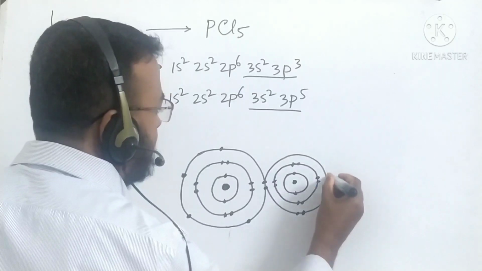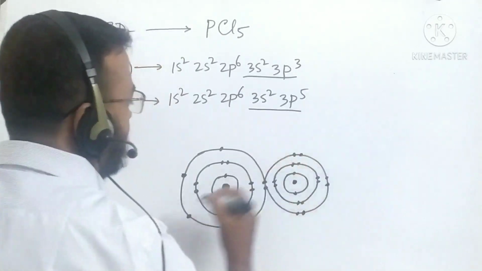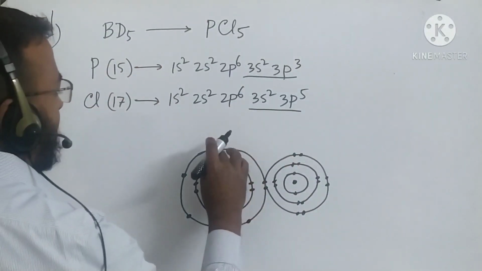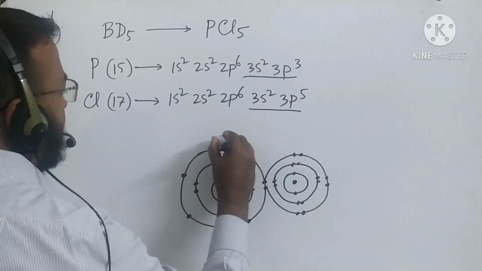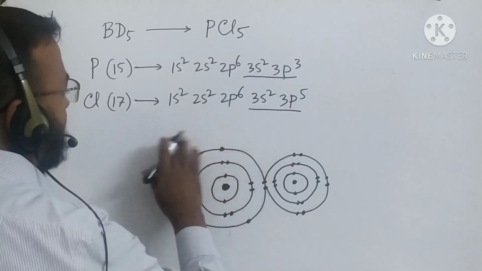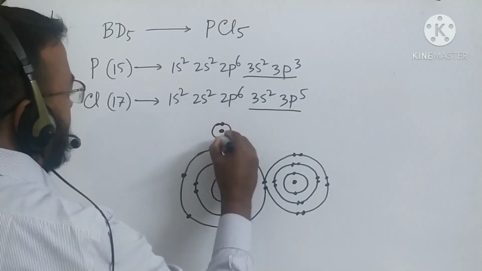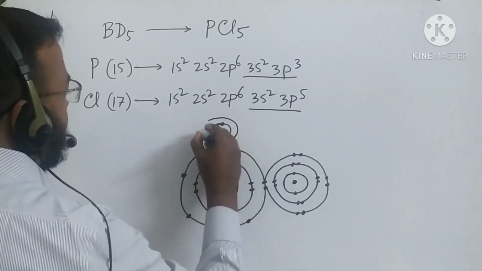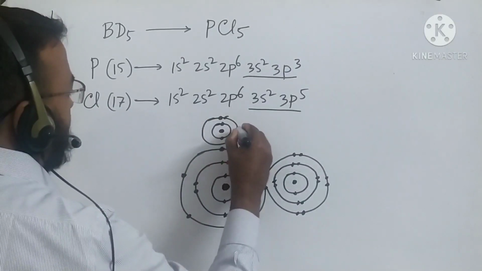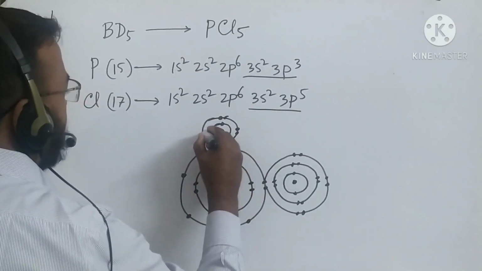So now the octet is fulfilled for chlorine. Here this is the chlorine nucleus: first energy level 2 electrons, second energy level 8 electrons.